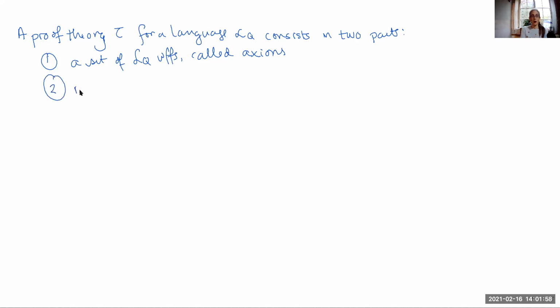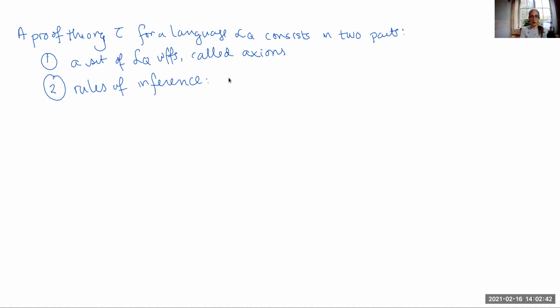The second are the rules of inference. They are essentially rules that tell you how to take things already written down in your proof and turn them into new things. So for each rule of inference, we essentially have a relationship between some number of formulas, 1, 2, could even possibly be more, and then another formula. So you can think of conjunction introduction as a relationship between two formulas, the conjuncts, and a third formula, the conjunction that you introduce.